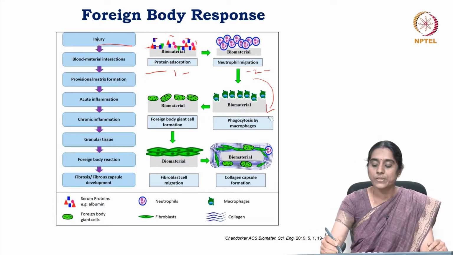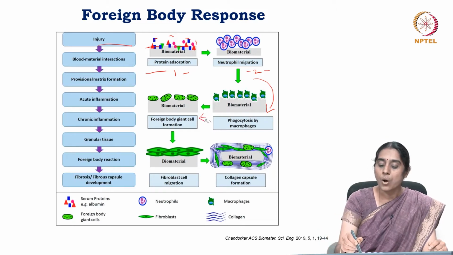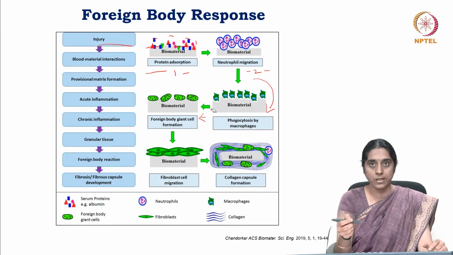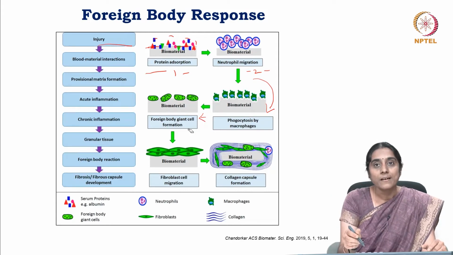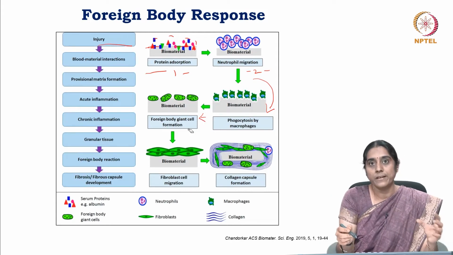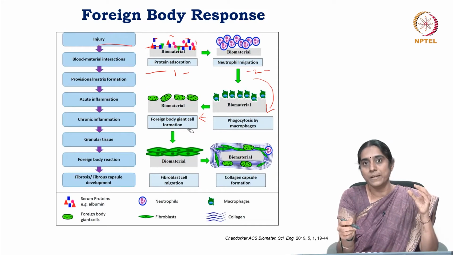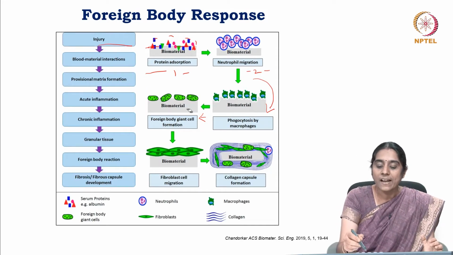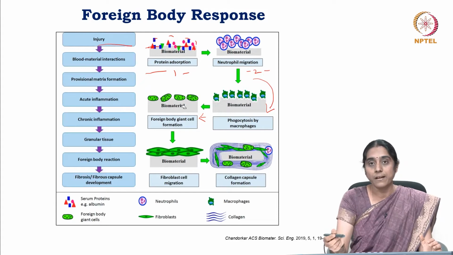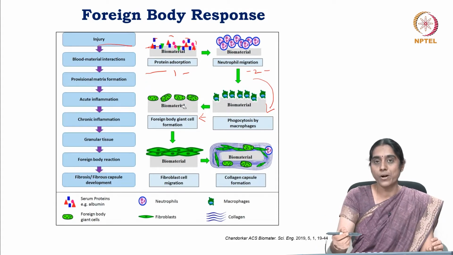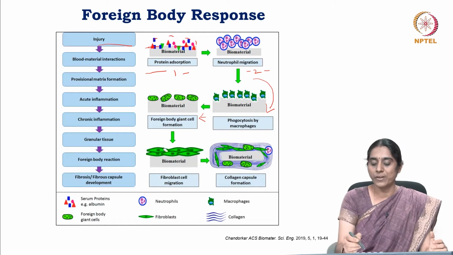So this is going to attract macrophages. These macrophages will try to phagocytose this biomaterial, because most biomaterials are not small particles, they are going to be large particles, and while engulfing these particles, the fusion of macrophages happens.